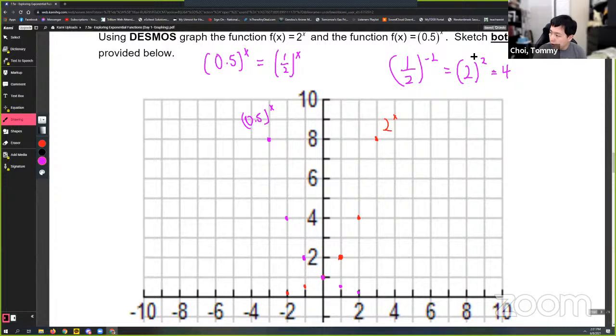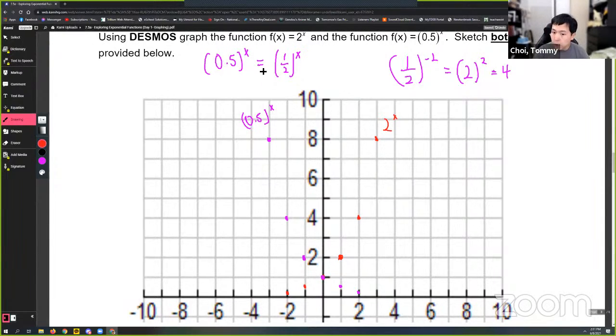So notice how that works. Because the fraction itself, 1/2, gets flipped with the negative x value, we get a positive number, right? And that's going to be the case if we start going into the positives and so on and so forth. So it's going to be that flip because we have the reciprocal of the base 2.